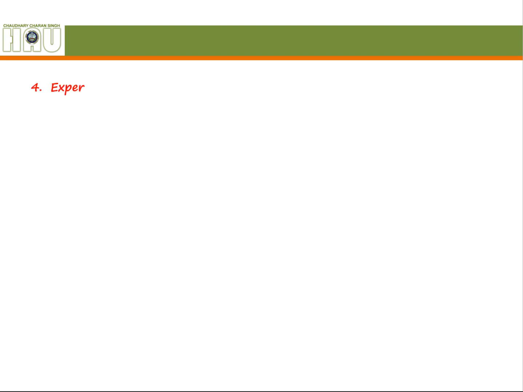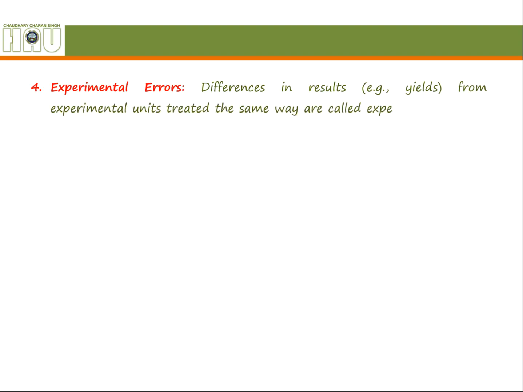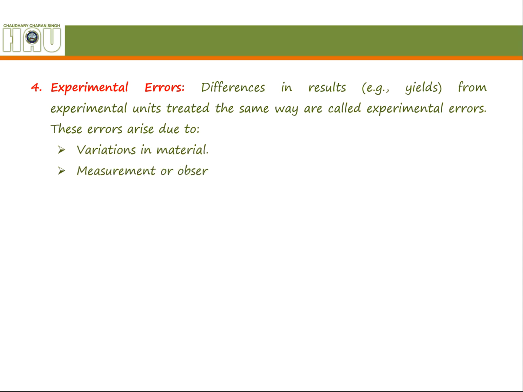Then experimental errors. These are the differences in results. For example, if you want to study the yield from experimental units treated the same way, the differences are called experimental errors. These errors can occur in an experiment due to various reasons: number one, variation in the material; number two, measurement or observation error; or number three, external factors not controlled in the experiment.